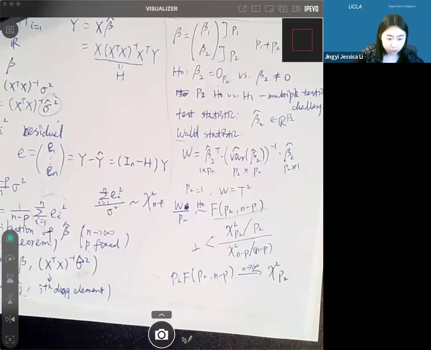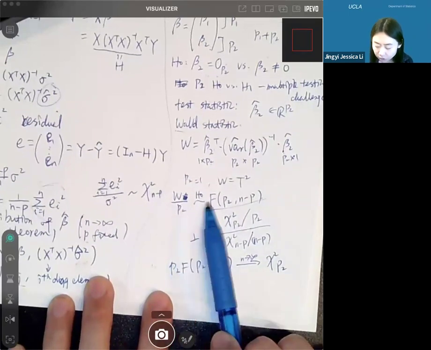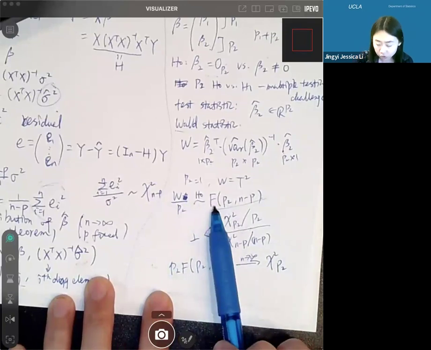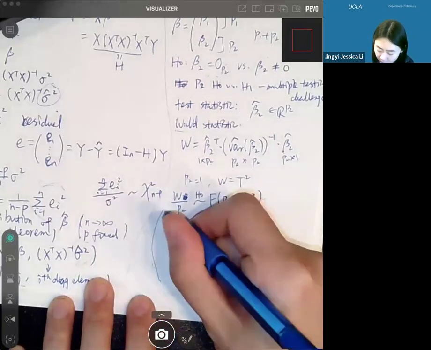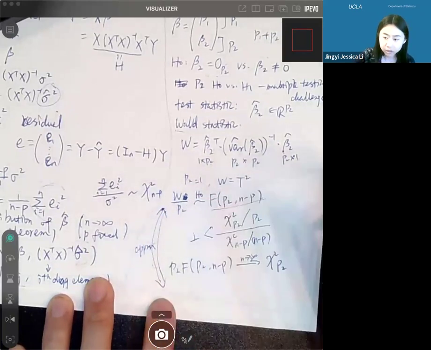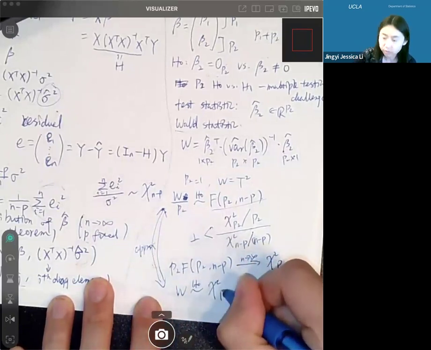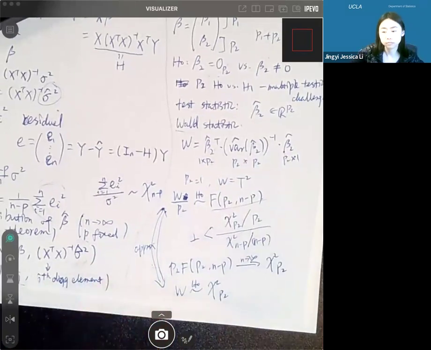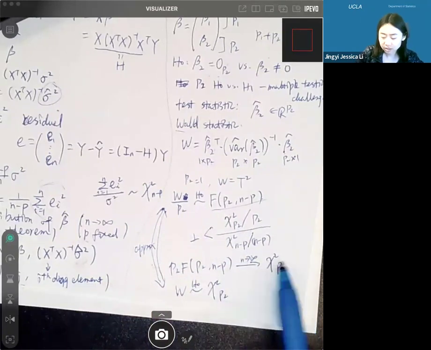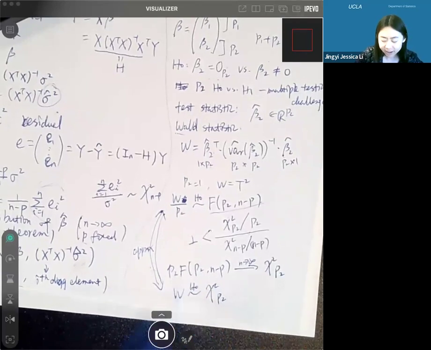Therefore, either W divided by P2 under the null follows an F distribution, which is approximately the same, or W under the null follows a chi-square distribution with P2 degrees of freedom. So F converges to chi-square and T converges to normal, but for F the trickier thing is that we should multiply F by the numerator degrees of freedom.